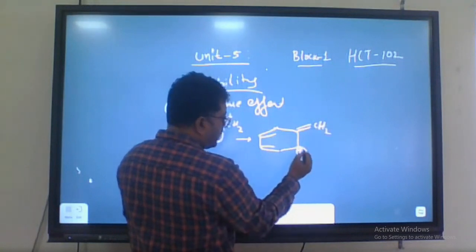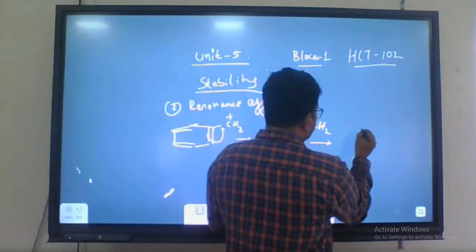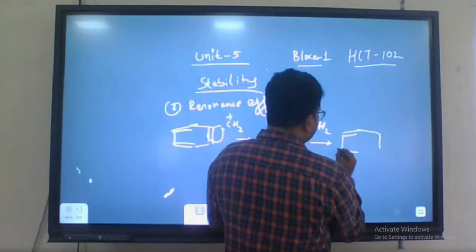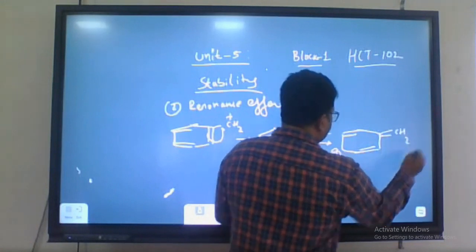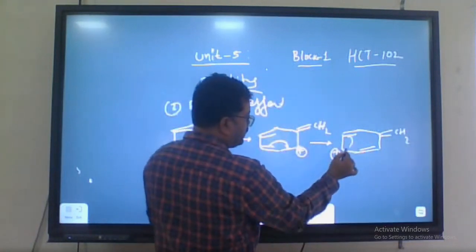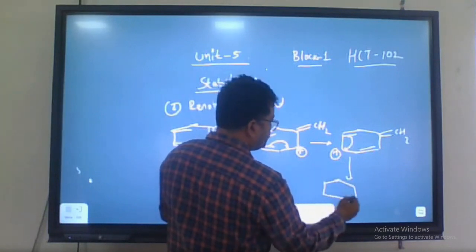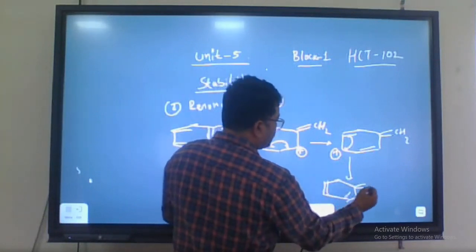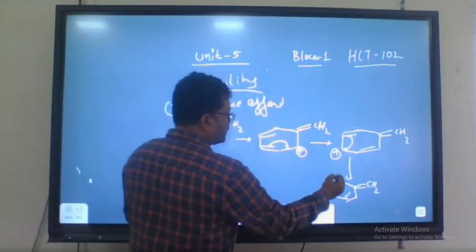So this carbocation is again stabilized by the adjacent double bond, and again by the next structure. After shifting here, this generates a positive charge here.